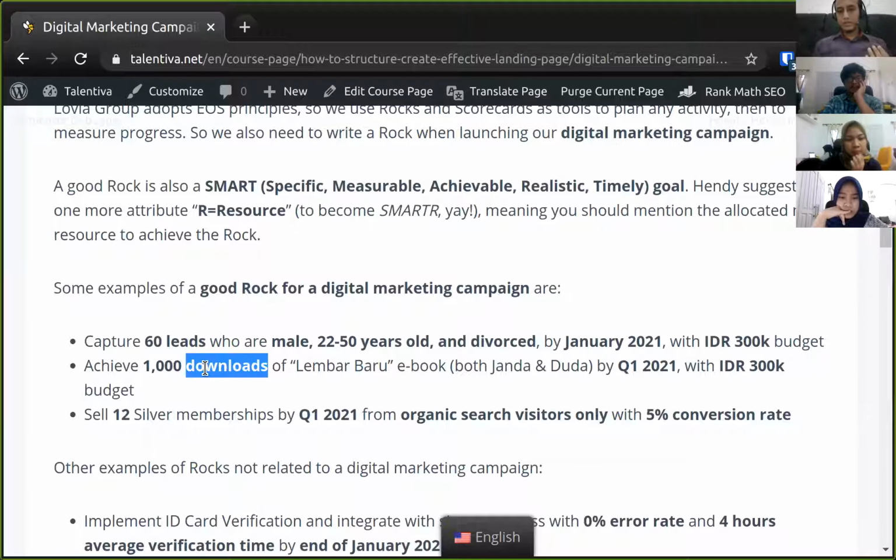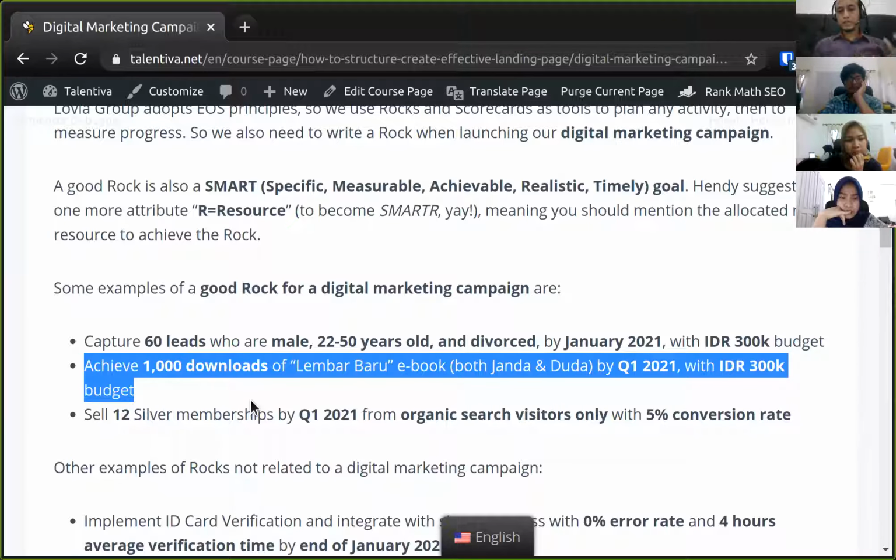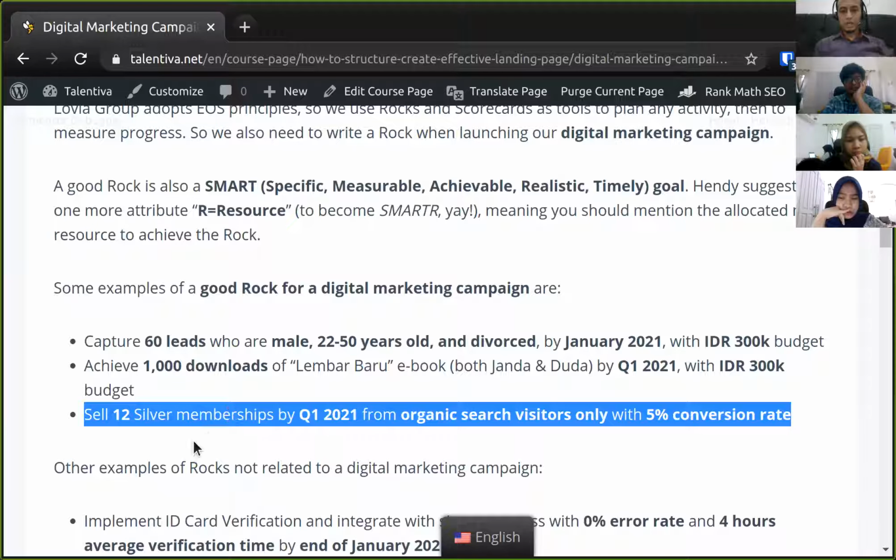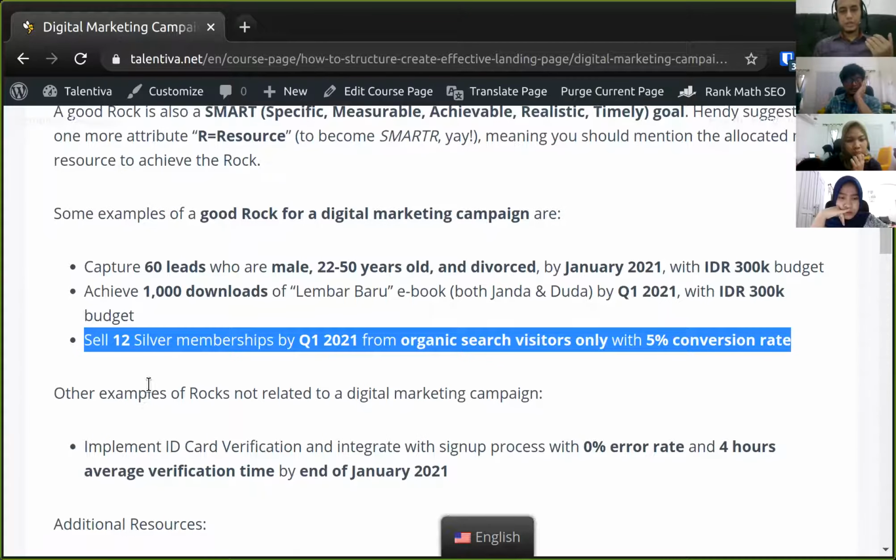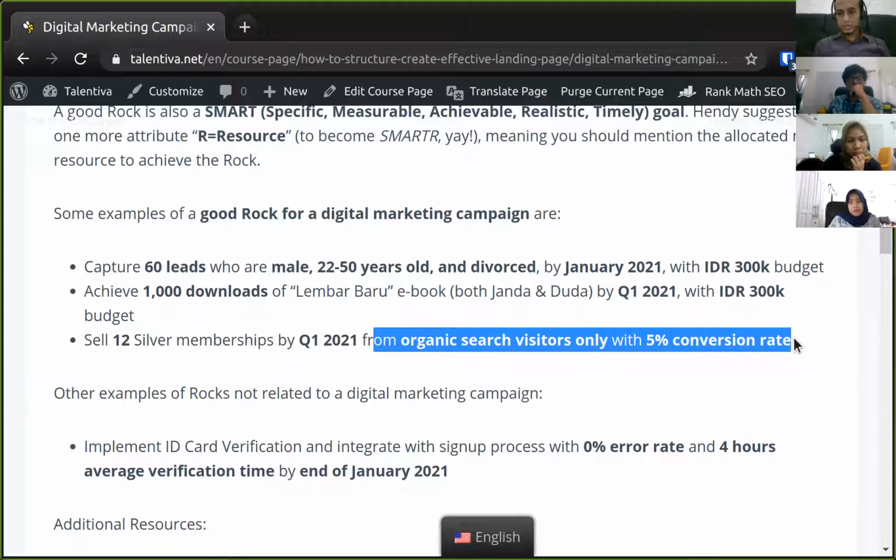Another example is that we achieve how many downloads of something by some time with how many budget. And then the last one is, this one is a ROC goal for sales. So for example, sell 12 of silver memberships by Q1 2021. And this is also specific from organic search visitors only.